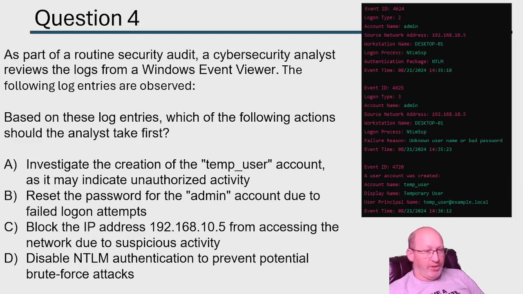We can block IP address 192.168.10.5 from accessing the network due to suspicious activity. I mean, it's something we could do. I don't know if it's the first thing I would do though, right? There could be a legitimate reason that somebody created a temporary user. It really could. And so blocking the IP address doesn't really make sense based on the limited logs that we have available to us. So I'm going to go against C, right?